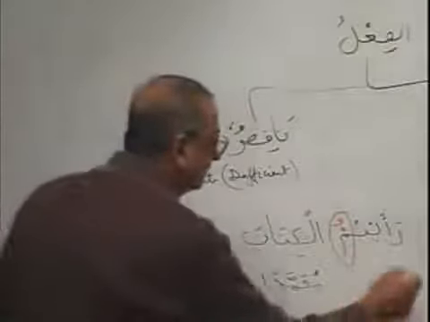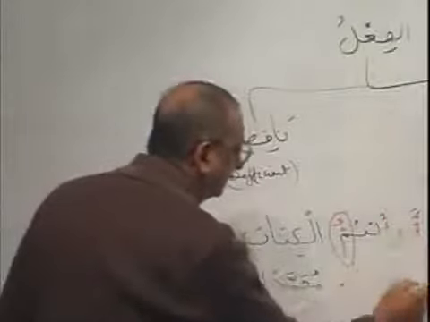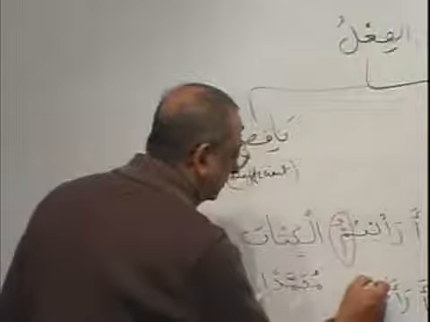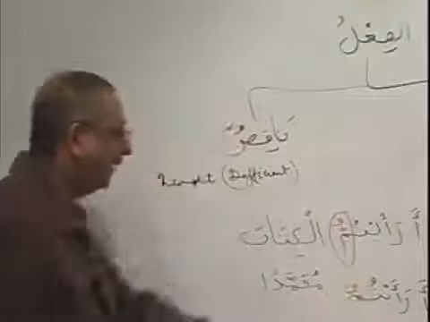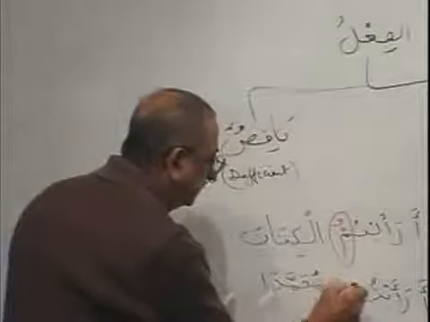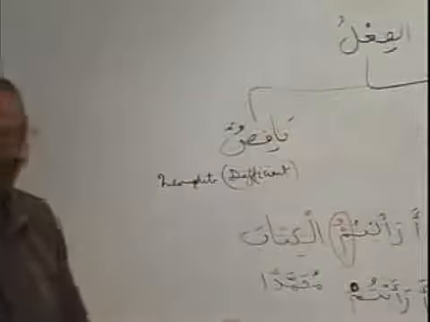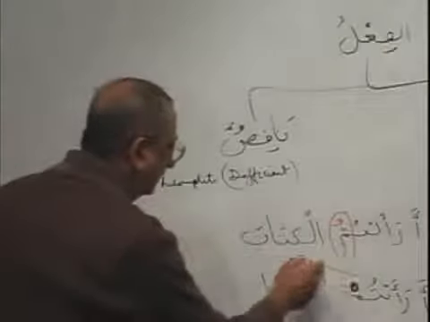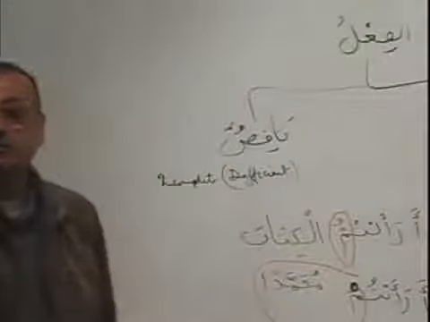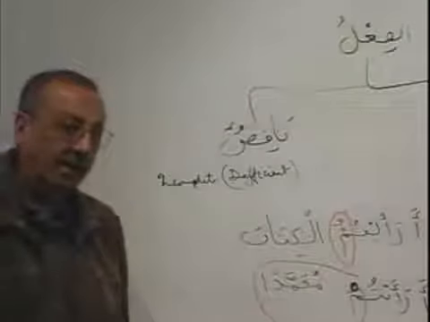Ara'aytum Muhammadan. Then there is no need for dhamma. But if you say Ara'aytum al-kitaba, then you will say Ra'aytumul kitaba.